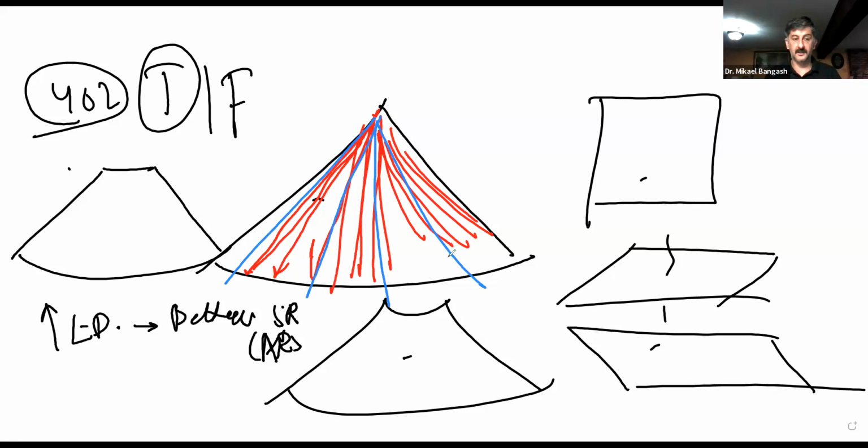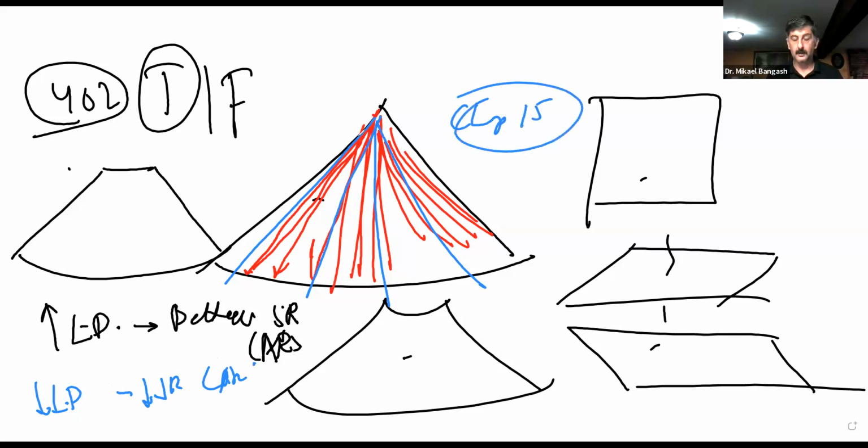Now in the blue instance, what we will have is a lower pulse or line density. That may give us a better temporal resolution, but it will lead to a degraded spatial resolution. Clear? Further details about this are going to be discussed in chapter 15.